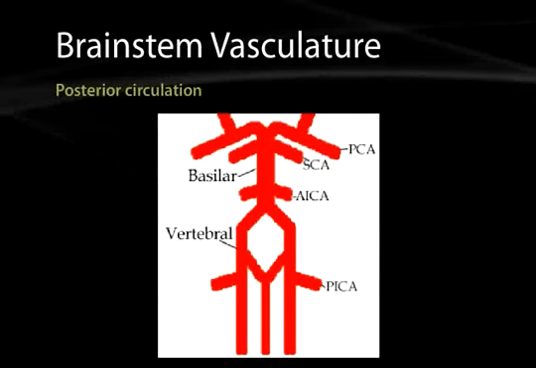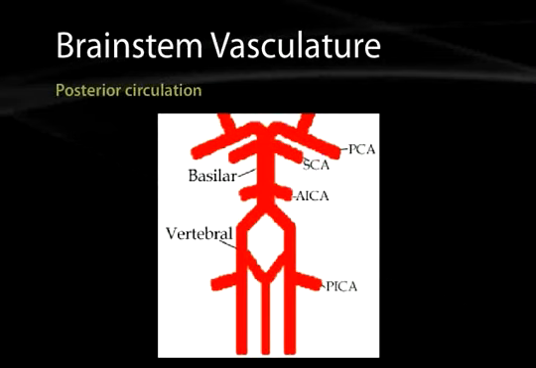Quickly, since we've introduced it, we'll talk about brainstem vasculature. We refer to this as the posterior circulation. Blood is coming from the vertebral arteries, which are branches from the subclavian artery. Before they come together to form the basilar, they give off the PICA, posterior inferior cerebellar artery.